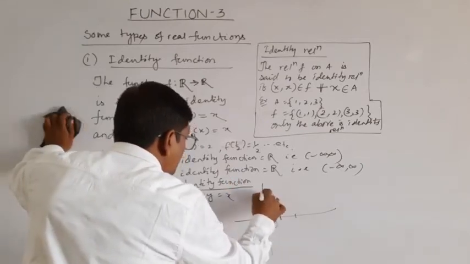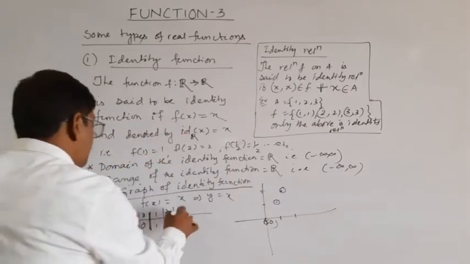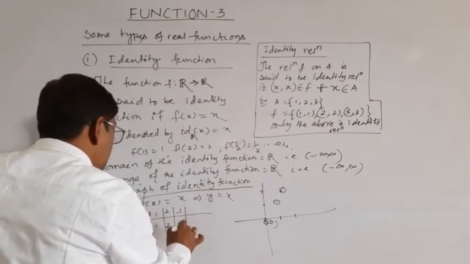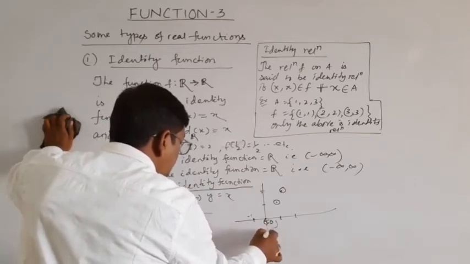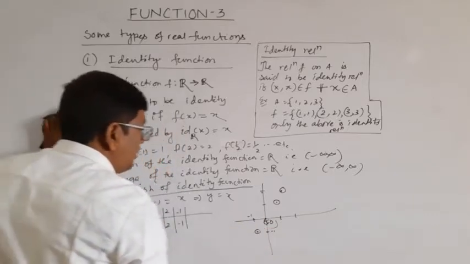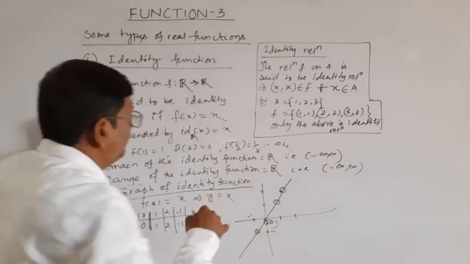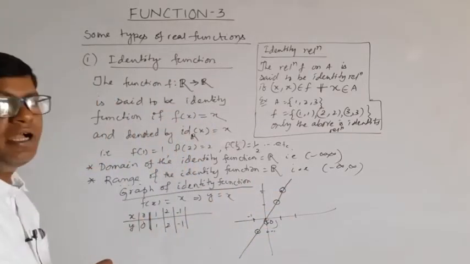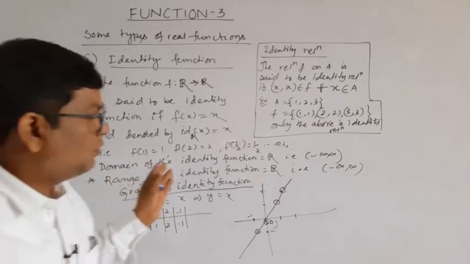And suppose this is minus 1 and this is also minus 1. So a line in the graph is like this. The graph of the identity function is a straight line passing through the origin.